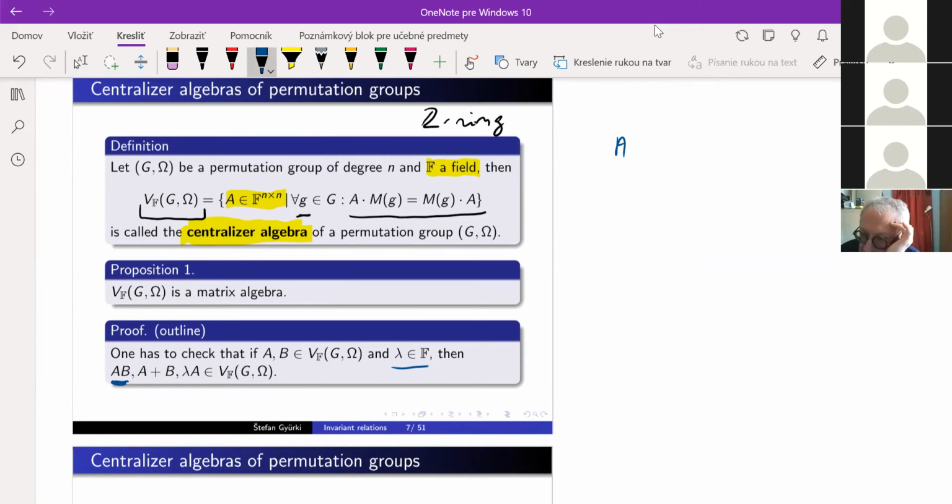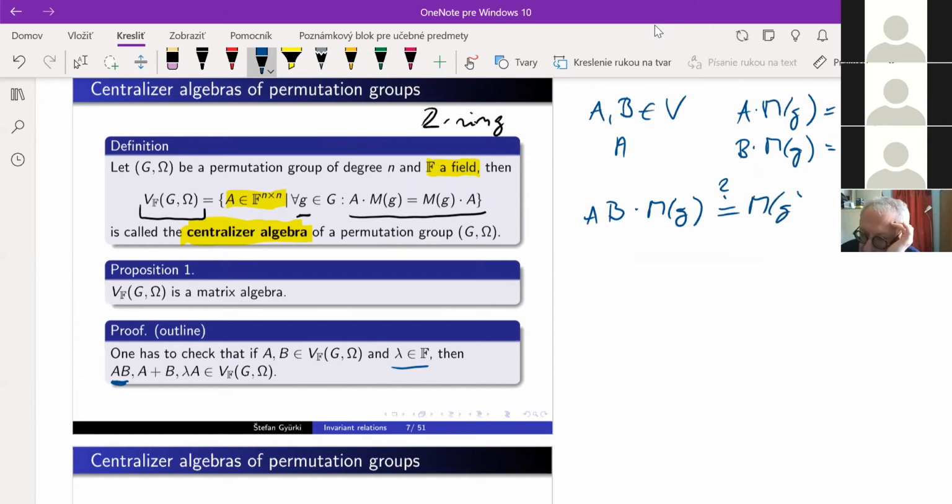For example, we can check this. It's an easy exercise. If A and B are in V, this means that A commutes with m_g for each g, and B also commutes with m_g for each g. Now we would like to check that AB also commutes with m_g.